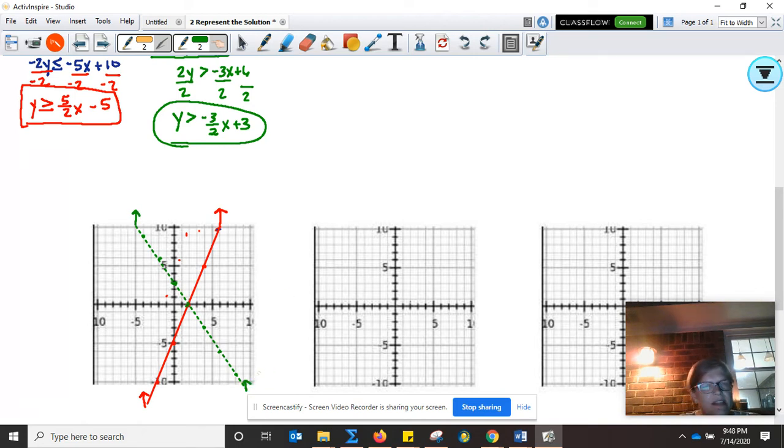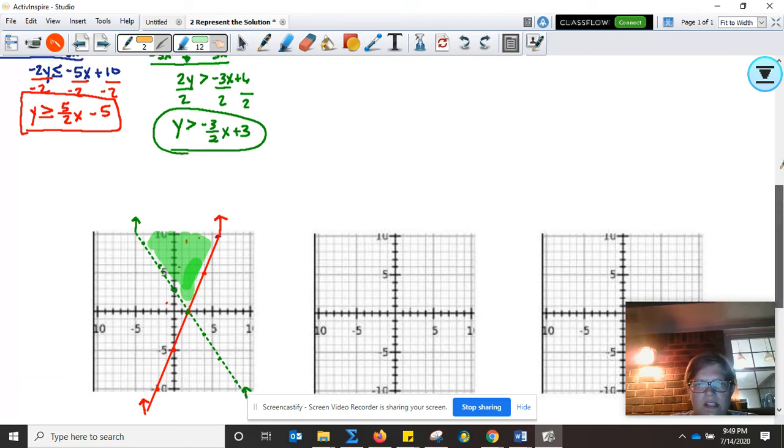So now you want to ask yourself, where do these two graphs overlap? This is going to be shaded right here. This is going to be your solution. Now remember, you can use Desmos to check these and make sure they're correct. However, I want you to know how to do these on your own.